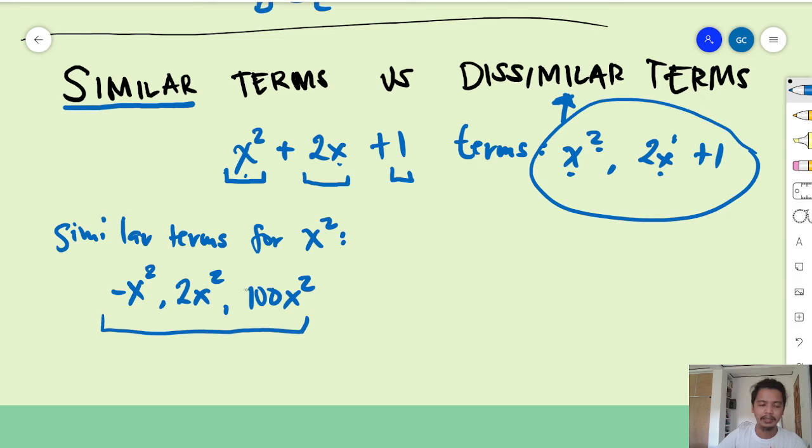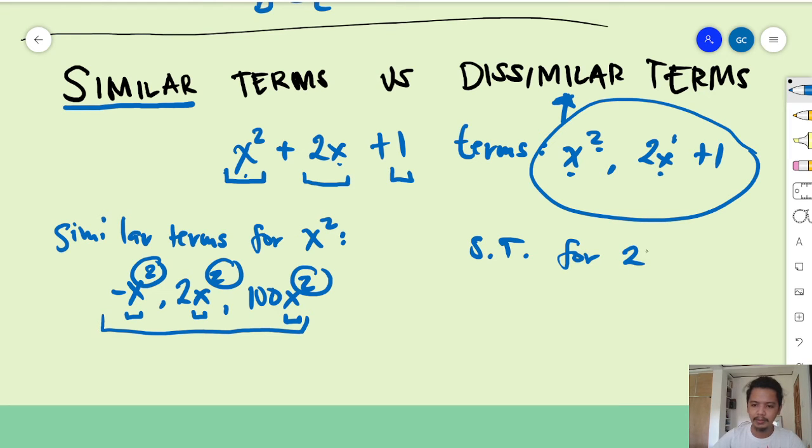Bakit kanyo? As definition ng similar term, titingnan nyo, pare-parehas sila na may base na x. At pare-parehas din yung exponent nila, square or raised to 2. Okay? So, para naman sa similar terms for 2x, pwede kahit anong variable as long as meron siyang same na variable na x lang.